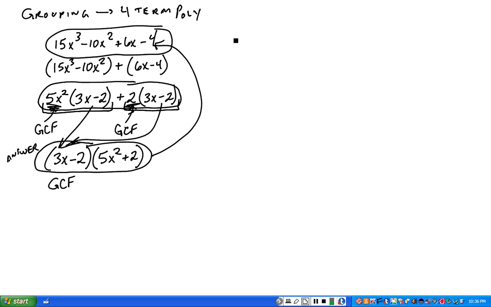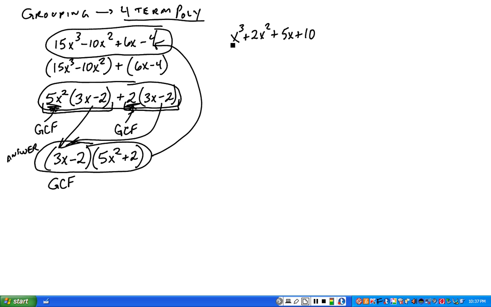So let's look at another one: x to the third plus 2x squared plus 5x plus 10. Again, 4 terms, so 4 terms tells me I may be using grouping. I look first for coefficients.